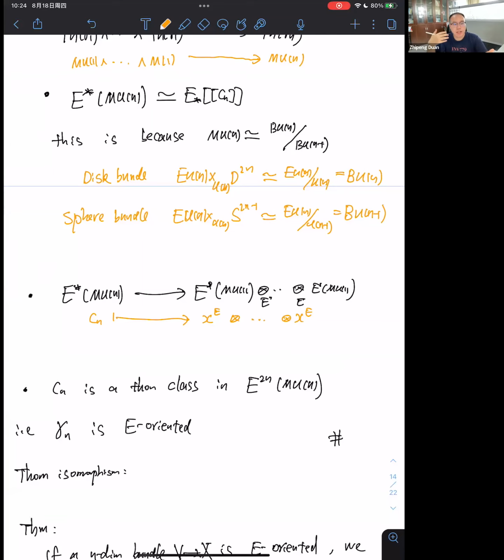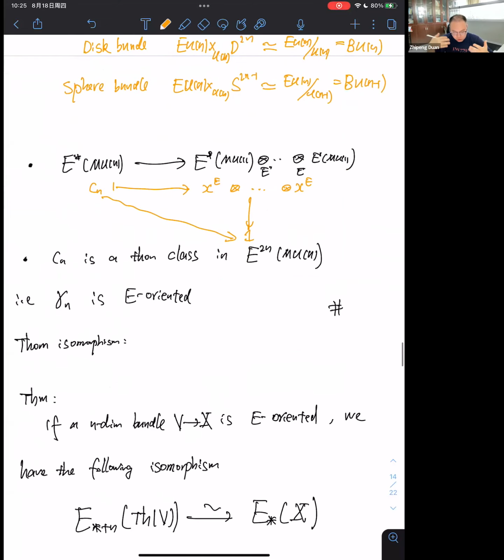By definition, this complex orientation restricts on fiber to unit. So by naturality, c_n will also restrict to unit. In other words, c_n satisfies being a Thom class. So the tautological n-bundle is E-oriented. This is the short proof of why the two definitions of complex orientation are actually equivalent.